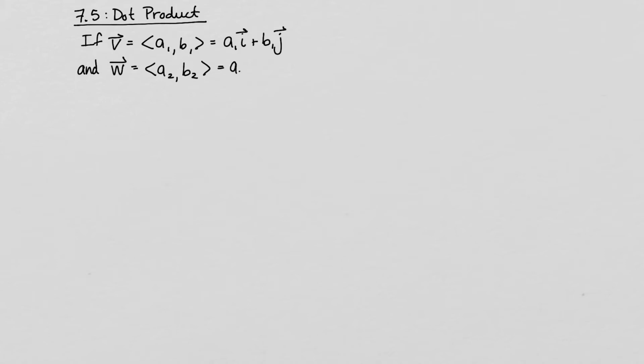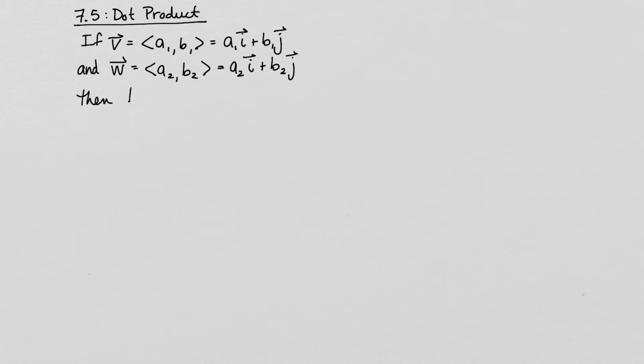So if the vector V is A1 comma B1, or remember we can write that as A1i plus B1j, and the vector W is A2 comma B2, so A2i plus B2j.